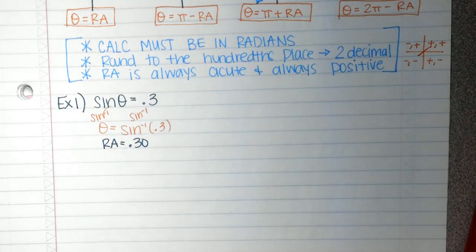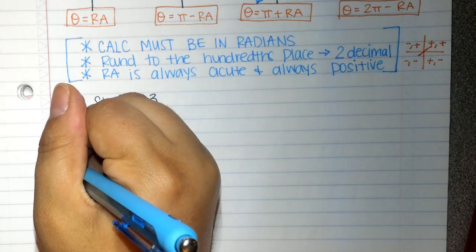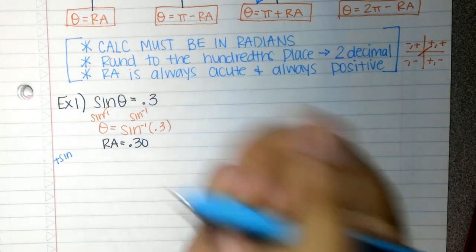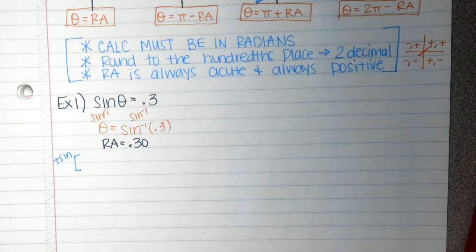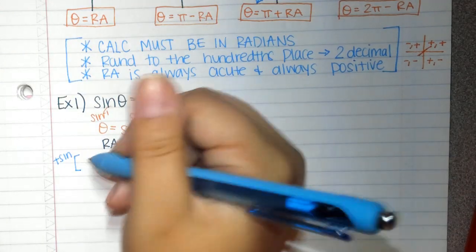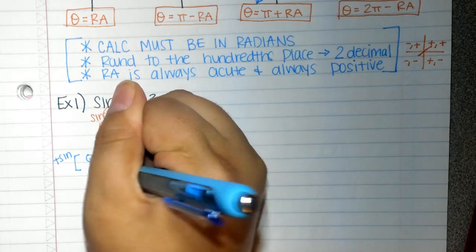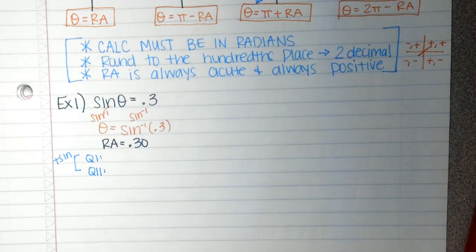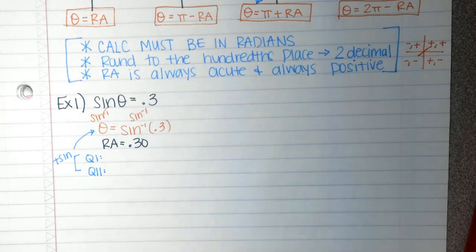Okay. So what do I have here? I have a positive sine value. Because I have a positive sine value, what two quadrants is that going to be in? Quadrant 1 and quadrant 2. Because quadrant 1 and quadrant 2 have positive sine values. And this is a positive sine value.